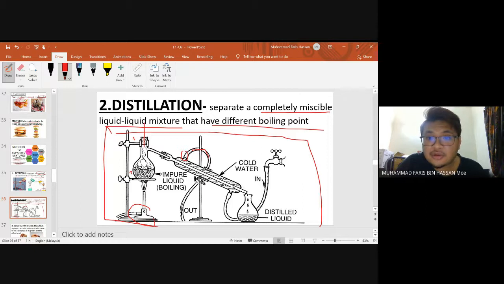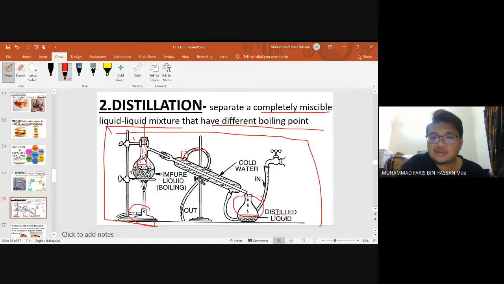The function of the cold water inside the Liebig condenser is to make sure that the water vapor from the round bottom flask is condensed to form droplets of water here. All the droplets of water will be collected here, so you form a distilled liquid.